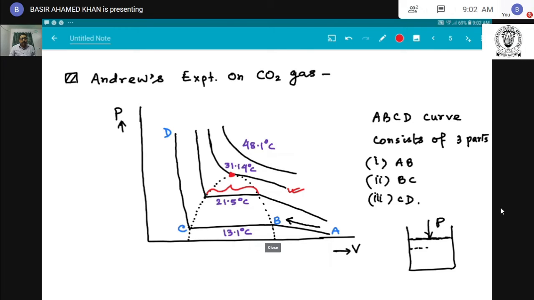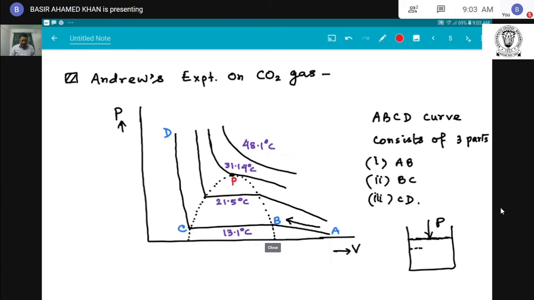Suppose I name this point P. The point P where the gas transforms into liquid is called the critical point, and here the specific volume of the vapor just before condensation is equal to that of the liquid after condensation.